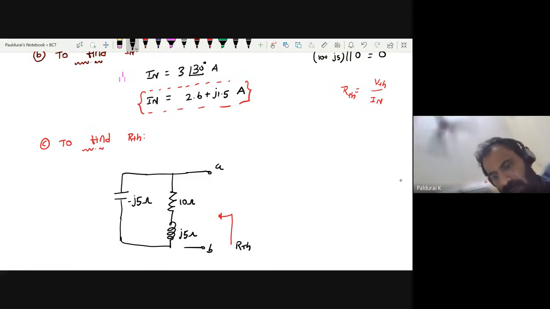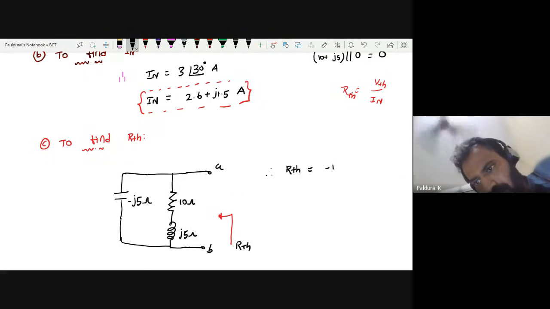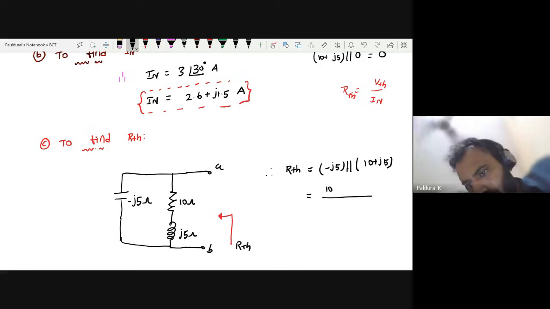Anyone can help me? Therefore RTH equals, yeah, this minus J5 in parallel with 10 plus J5. What about this one? R1 R2, right? So 10 plus J5 times minus J5 divided by R1 plus R2.